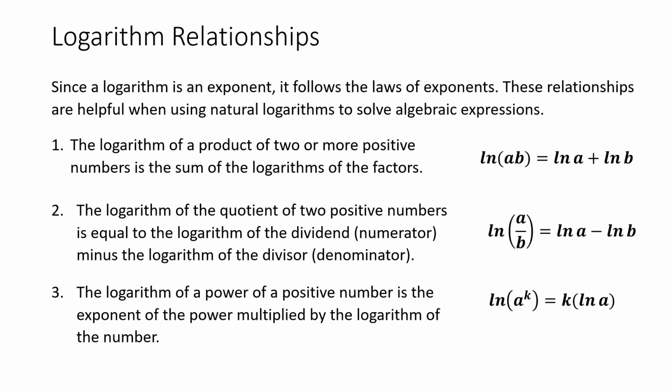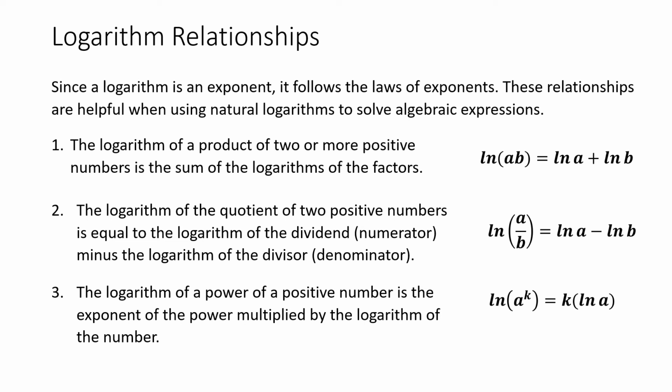So my next topic, this is one that throughout my education I used extensively, these relationships. And these apply both to log functions and ln functions, okay? So I'm going to focus here on natural logarithm. Again, that is my preferred way when I'm dealing with any of these types of relationships.